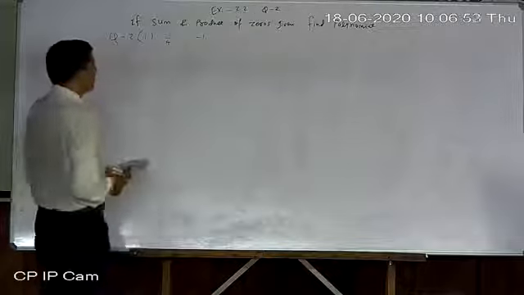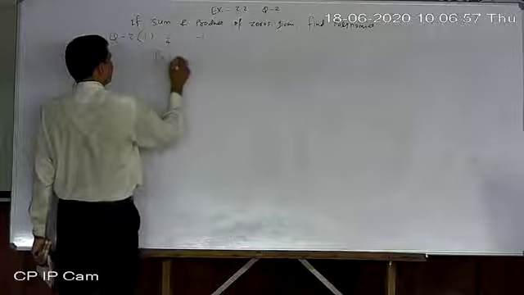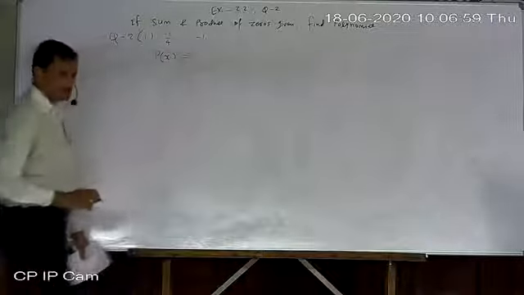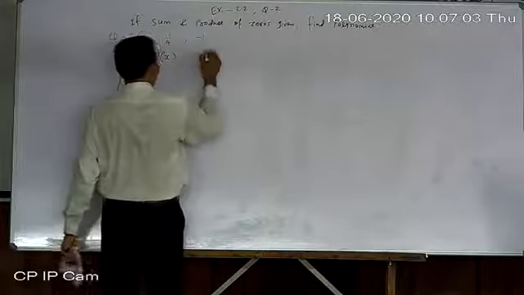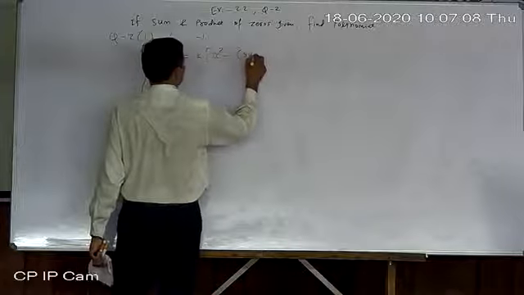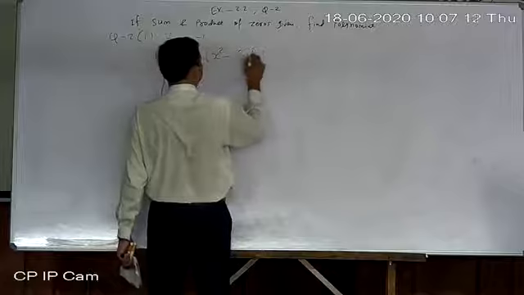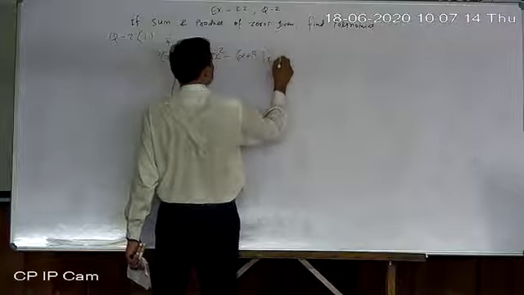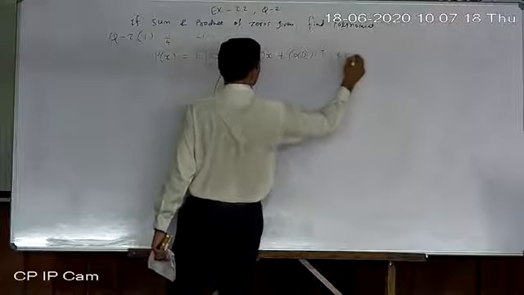Now, there is one formula you can write if the sum and product of zeros are given. How to find the polynomial? k times (x square minus (sum of zeros, or alpha plus beta) x plus alpha beta), where k is not equal to 0.